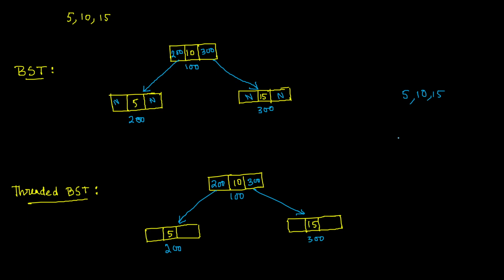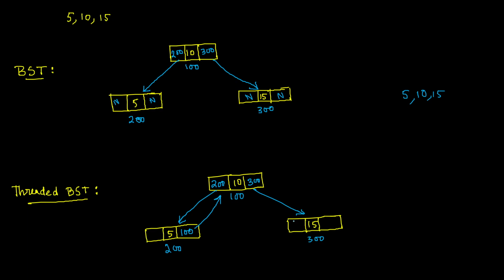That means I will store 100 over here instead of null. So what benefit will I get? I can directly go from this node to its parent. So now it is pointing to the previous node.